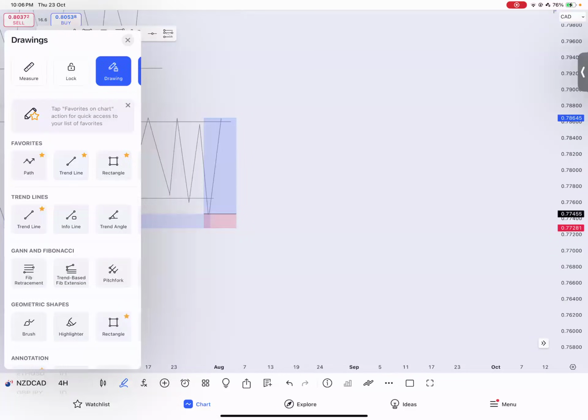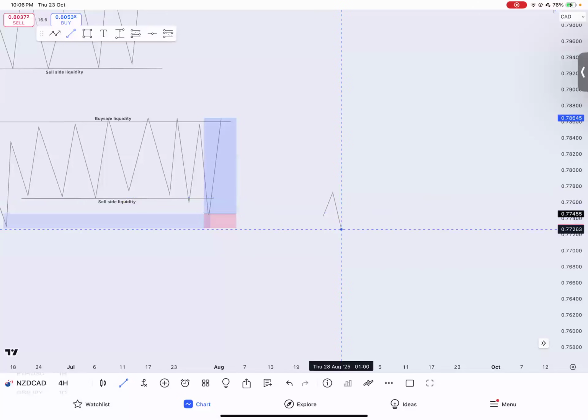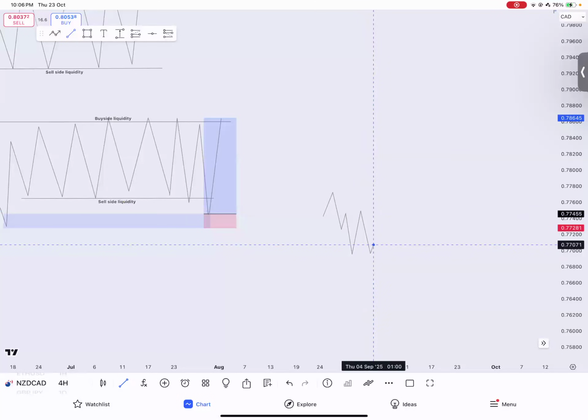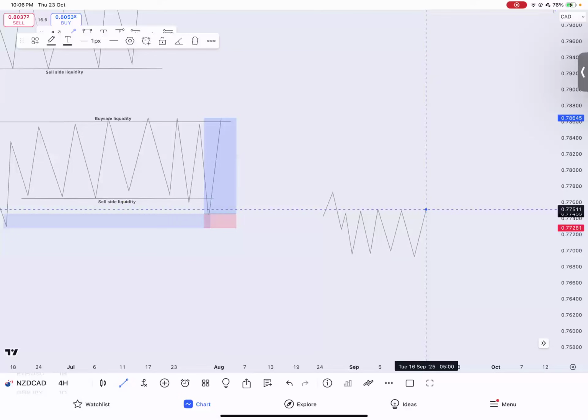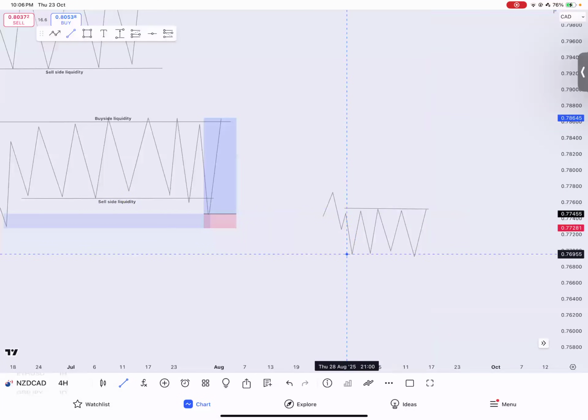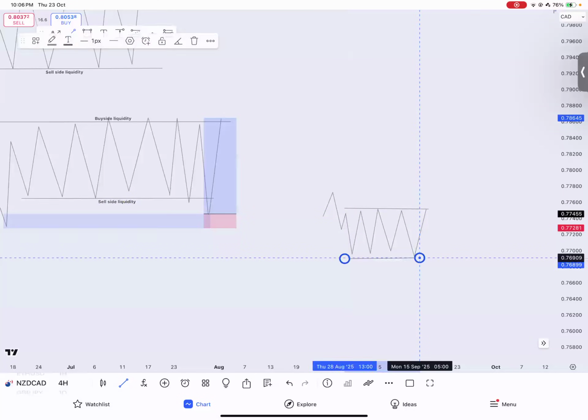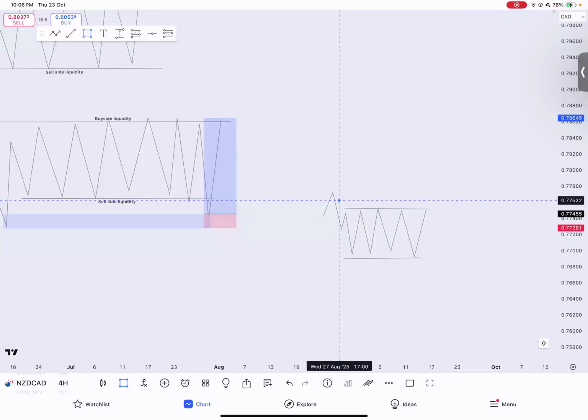Then same thing, if market is bearish, you get the structure shift, then market gets inducement and price will start ranging. Now, this is buy side liquidity on the upside, sell side liquidity on the downside. And our point of interest will be the order block here.